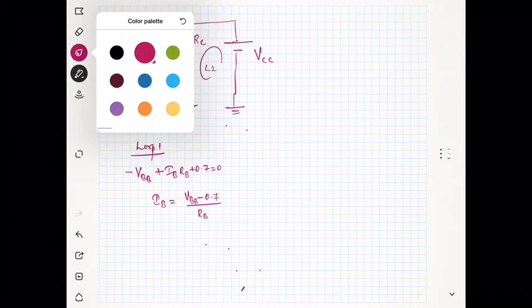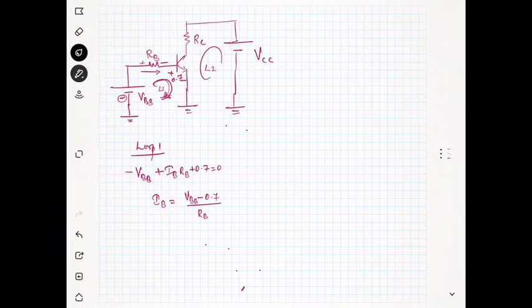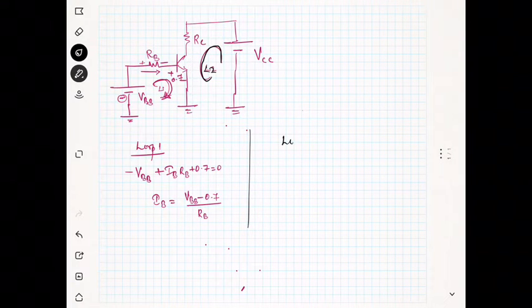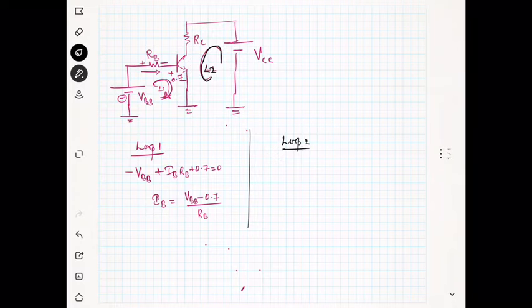Now we can see what is the situation at the output side. So at the output side we have another loop which is loop 2, okay. So I am writing the Kirchhoff law around loop 2. Now if I am starting from VCC, this is minus and this is plus, so it is minus VCC, and you know that the collector current is going down, right, into the collector for NPN transistor.